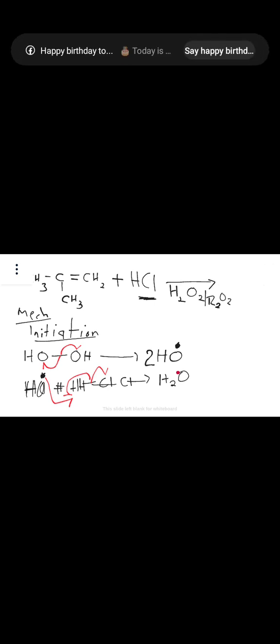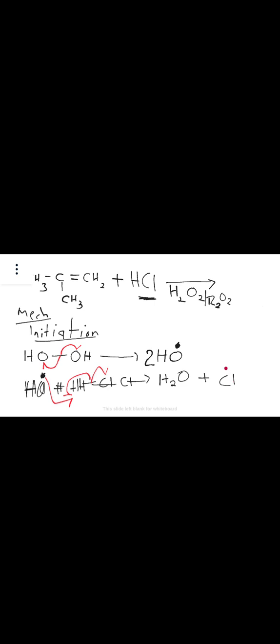When you use organic peroxide, you will form an alcohol, ROH. But HOH is a water molecule. So we form a water molecule plus a chlorine radical. Up until there, I believe we are okay. So copy that one. That's equation number 2. Question number 2.